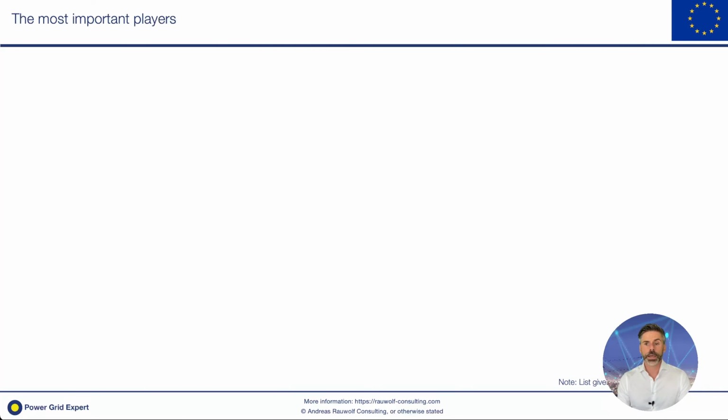The most important players in the market, I am doing here the example according to the regulations in Europe, with examples given from Germany. But basically this concept you can find all over Europe, and for some countries also outside of Europe.